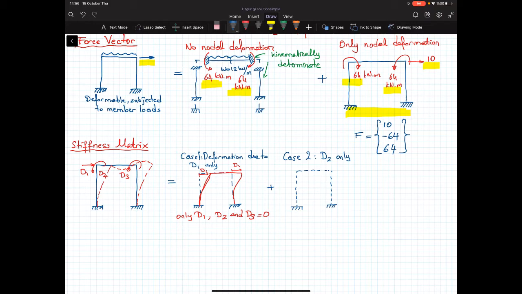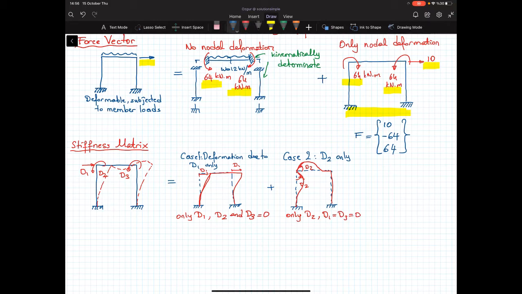So in that case, I should have D2 only. So that's D2. The rest should be equal to 0. So in that second case, I have only D2. D1 is equal to D3, that's equal to 0.